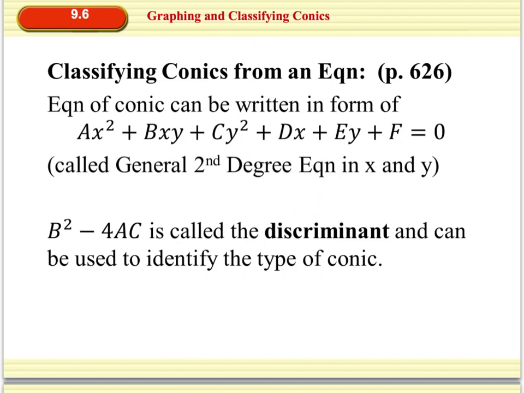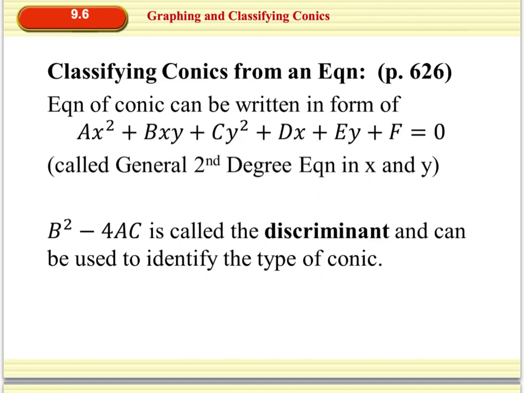The last thing we're going to look at is classifying conics from an equation. And again, I suggest that you open your books to page 626, where there's a table that has all of this in it, and you're going to want to reference that table. For classifying conics, it says that you're given the equation of a conic, and it can be written as ax squared plus bxy plus cy squared plus dx plus ey plus f equals 0.